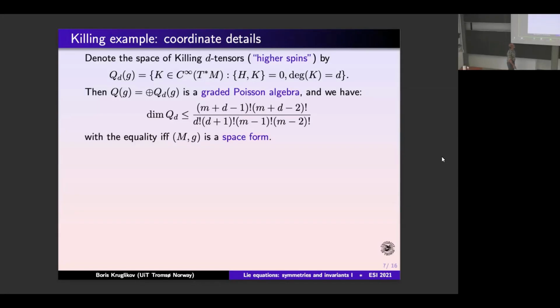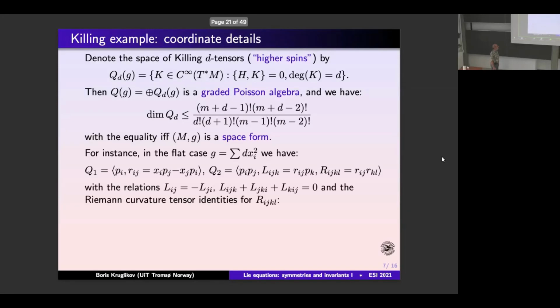Okay, so if you take the sum of all Q_d over all possible d, we get a graded Poisson algebra, and it's nice in the flat case, well, in the constant curvature case. In general, it's quite difficult to say, but let's just say a couple of words about the space form.